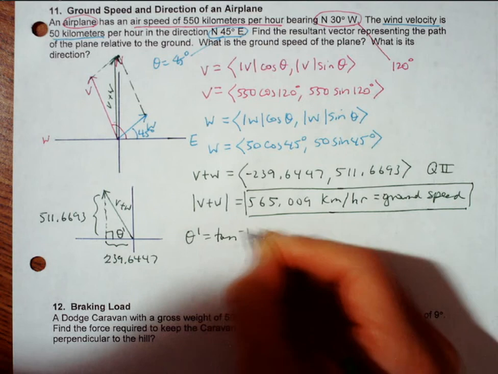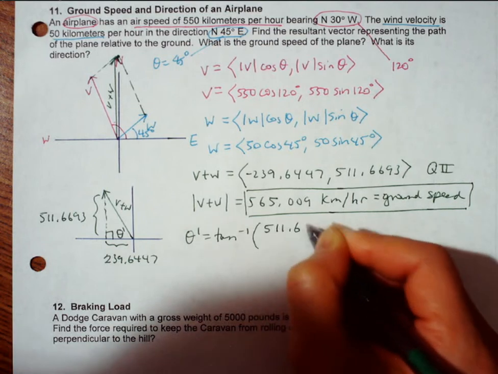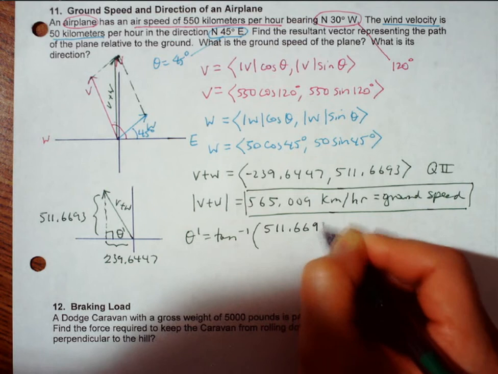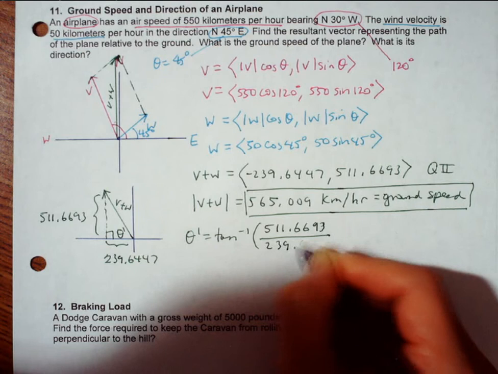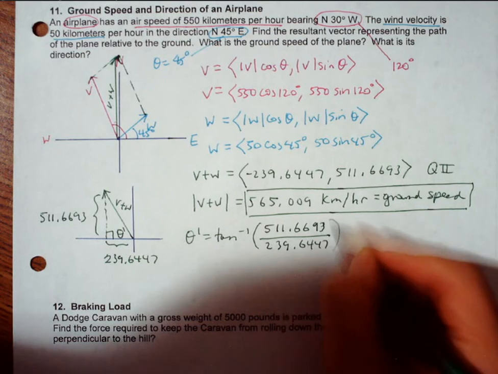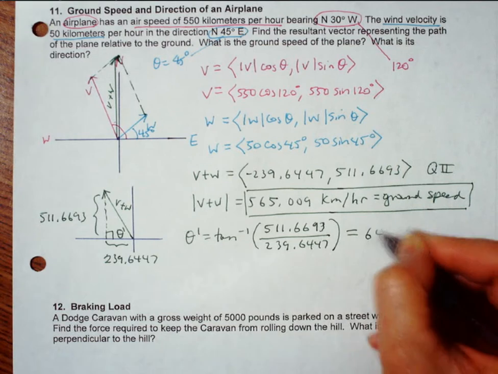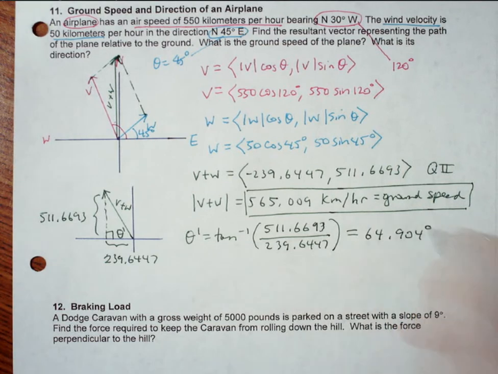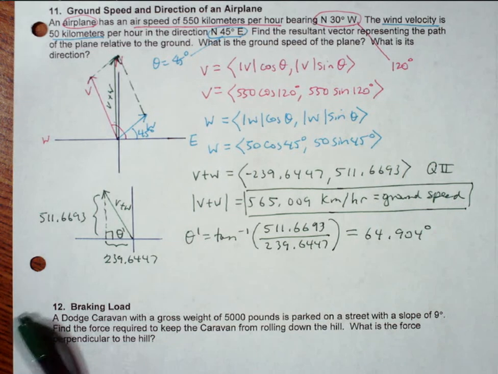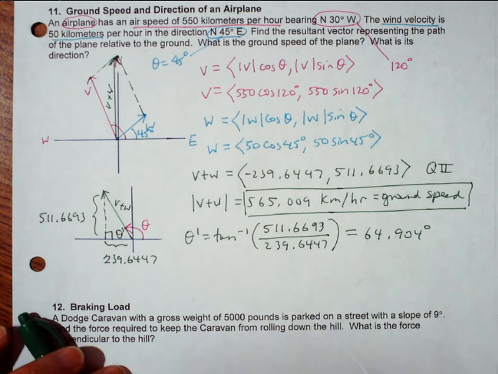Theta prime is equal to the inverse tangent of, and then the opposite, so 511.6693, and then divide that by 239.6447. Okay, so for that one I get 64.904 degrees. Right, but the angle that I actually want is this, from here to here.